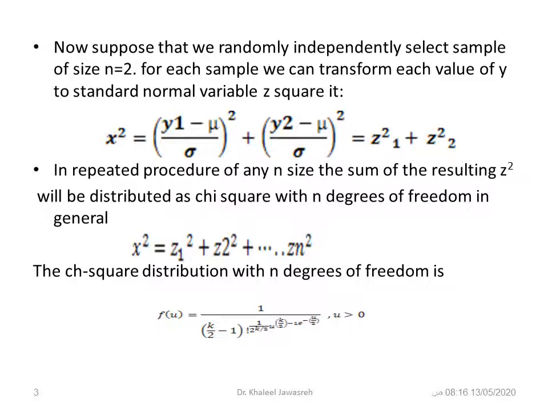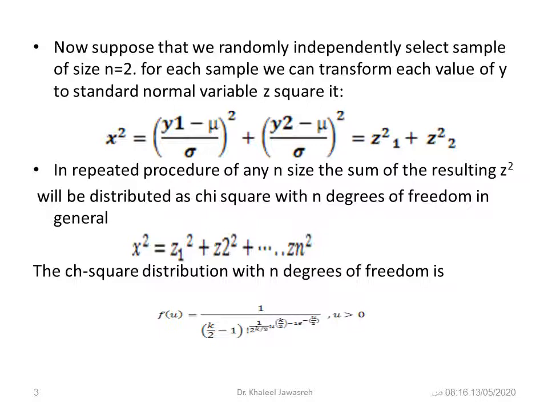For each sample, we can transform each value of y to a standard normal value z square, which is, for both of them, if we have 2, for example, ((y1 minus mu) over sigma) square plus ((y2 minus mu) over sigma) square. It means that we can transform both of them, the first and the second.